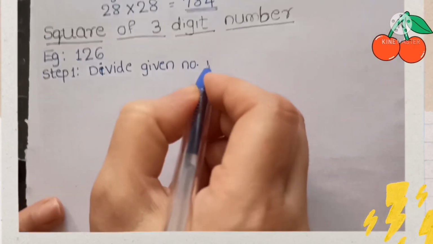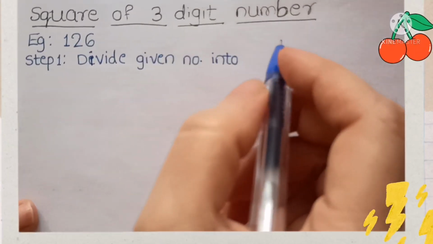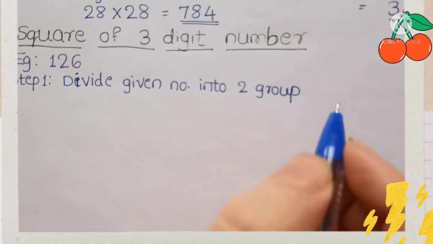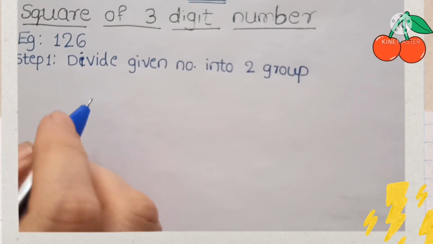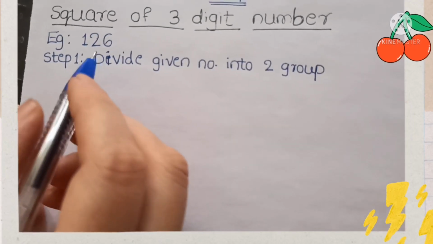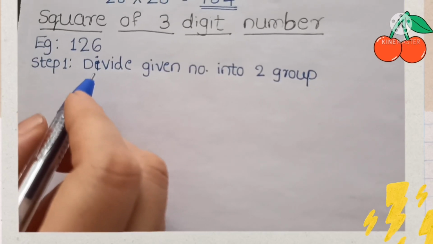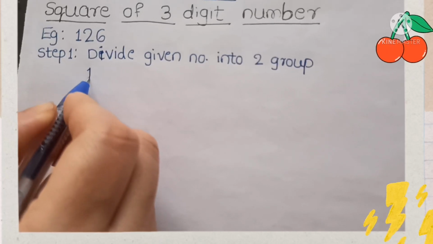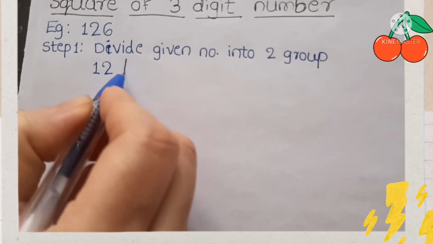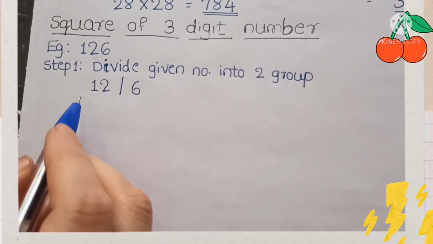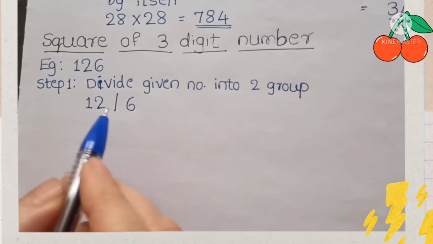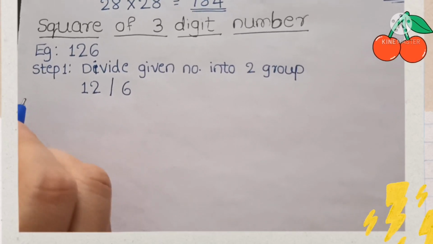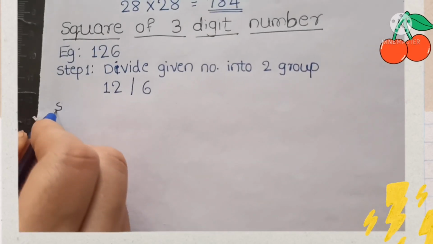Group the numbers in 2 pairs: one pair should contain 2 numbers and another pair should contain one single number, because this is a trick of squares of 3-digit numbers. 3 numbers cannot be grouped equally, so in the first group we take 12, which is a smaller number, so we can do it easily. So the first group will be 12 and the other group will be 6. So our step number 1 is dividing the numbers.